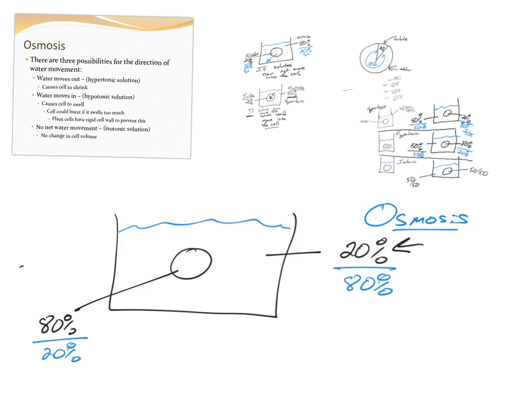What's happening is water's moving. Water's filling the tissues. Why is the water moving? Because you're out of balance, and the water starts to move to get back to equilibrium.